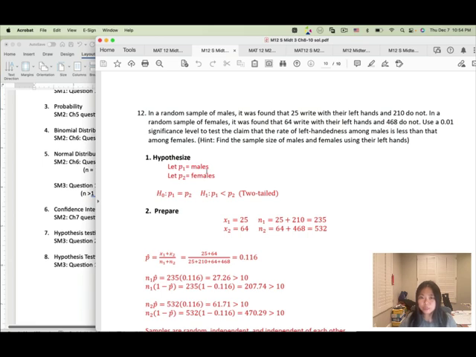It's going to make a difference. If I use P1 equal to males and P2 equal to females, my alternate hypothesis will be P1 strictly less than P2. But if you do it the other way around, that will be P1 greater than P2. So make sure for two populations, state what P1 and P2 are equal to.